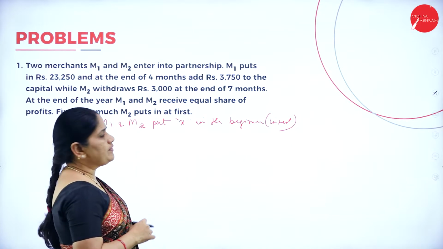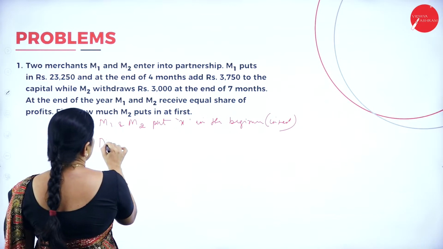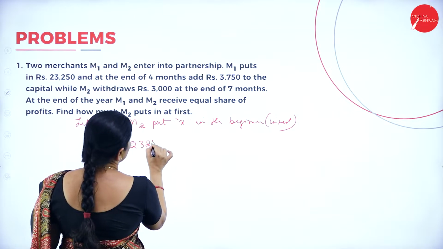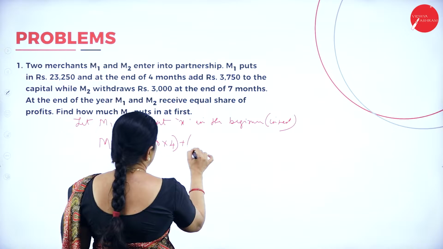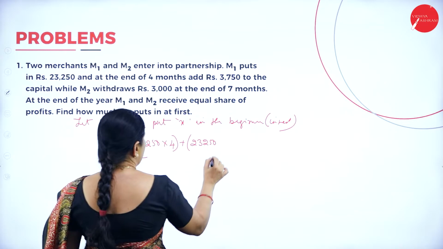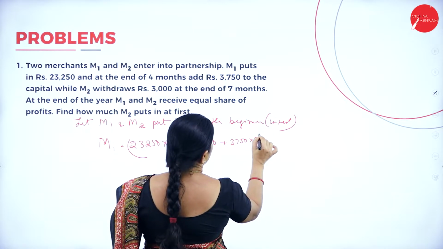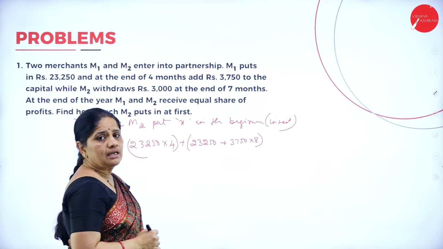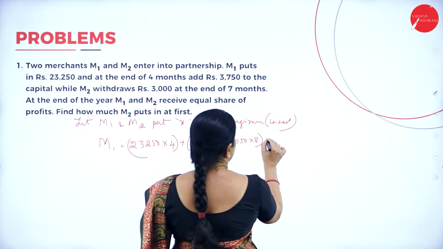Now M1 will be investing 23,250 into 4 plus 23,250 plus 3,750 into 8, whereas M2 is withdrawing.